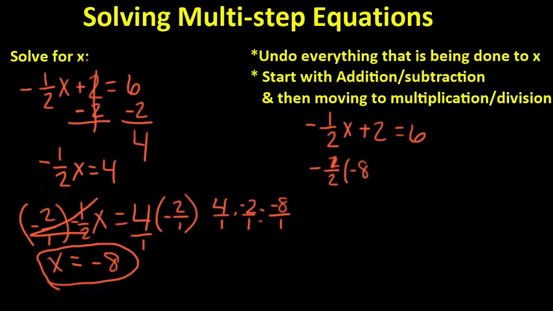times negative 8 plus 2 is equal to 6. Let's turn negative 8 into a fraction by putting it over 1.